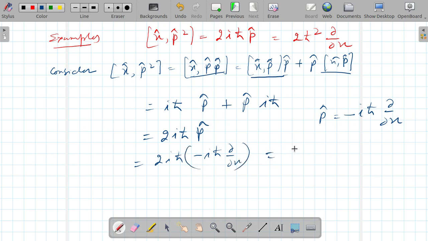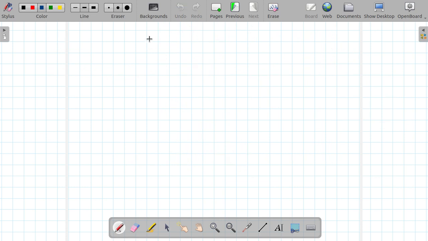So it can be written as 2 h-bar squared del over del x. So hence it is proved. Similarly, there is another example relating to this. What is the example? If I take [x squared, p], its commutator must be equal to 2 i h-bar x operator, or 2 i h-bar x.